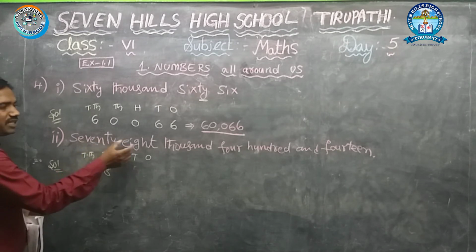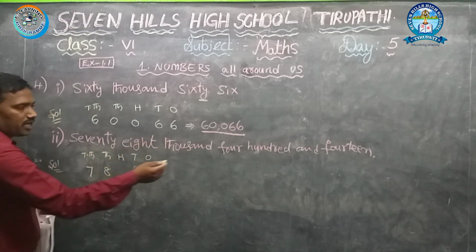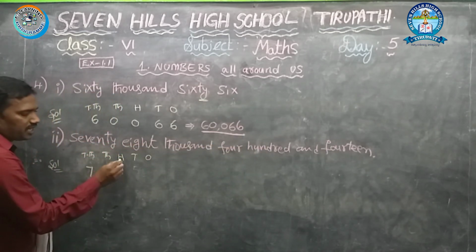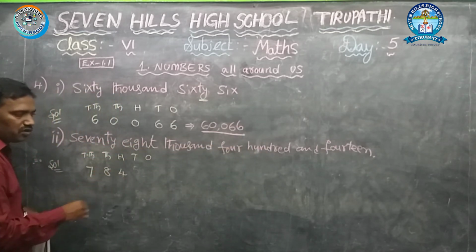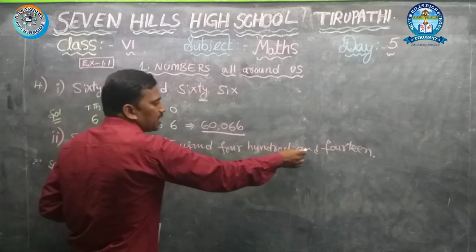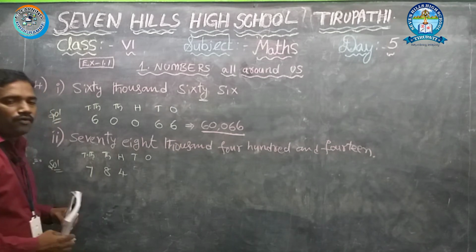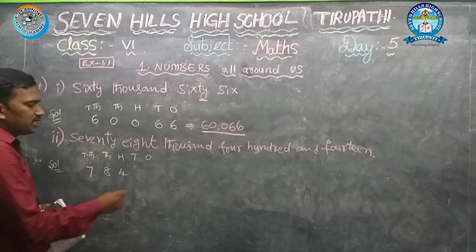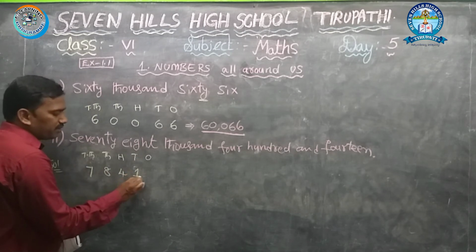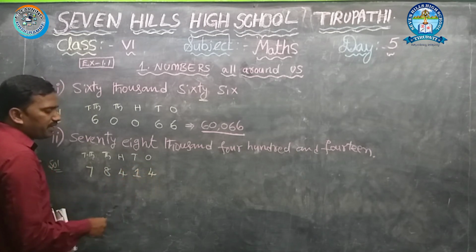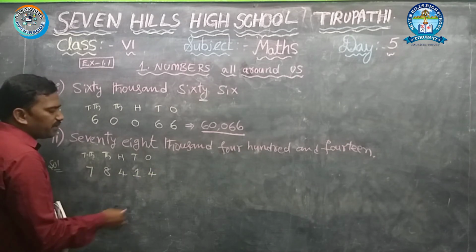After that, 400. How many hundreds are there here? 400 means in the hundreds place it is 4. Then 14 means 10 plus 4 is 14, so in the tens place it will be 1 and in the ones place it will be 4.